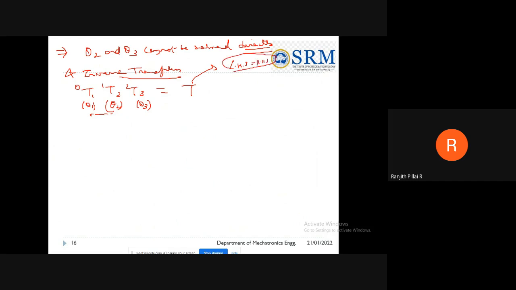Think of the user-given T: rather than writing T, it is basically T3 with respect to 0, which tells where my end effector is with respect to the base. When I apply an inverse on both sides, this gets cancelled, so I end up with T1 with respect to 0 and T2 with respect to 1, which is equal to T3 with respect to 0 multiplied by the inverse of T3 with respect to 2.